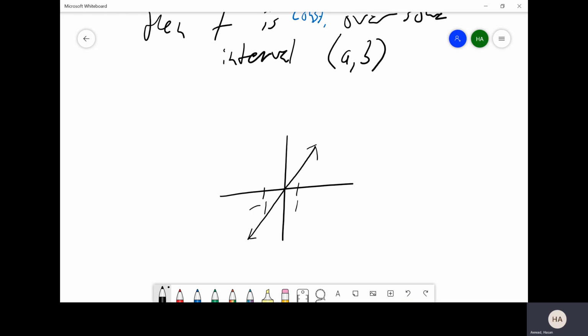We're reading from left to right, okay? So if -1 is less than 1, implies that our function, so down here, our output is less than it is here, then yeah, sure, this is increasing. And a way that you can think about increasing is, for a line anyway, is the slope positive?